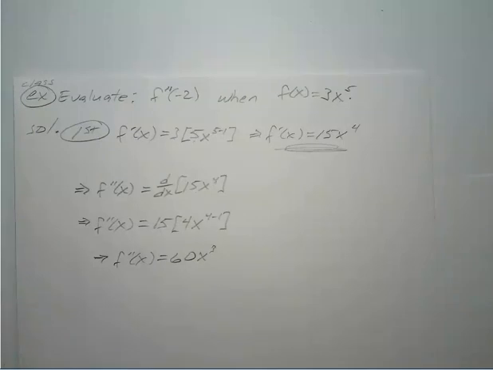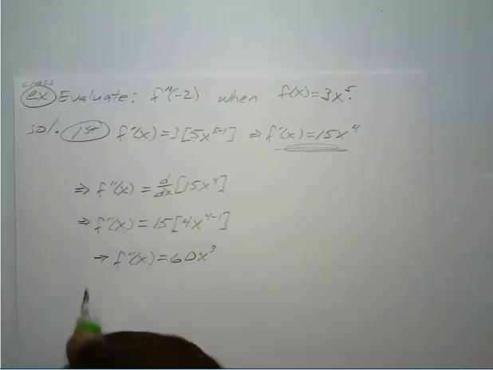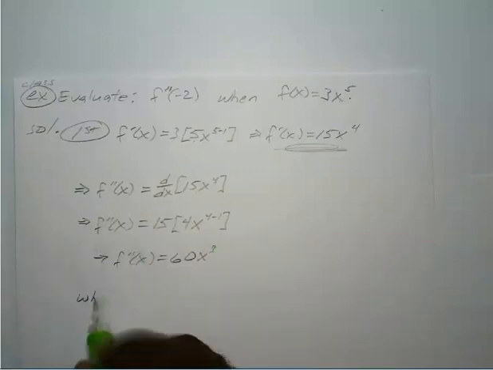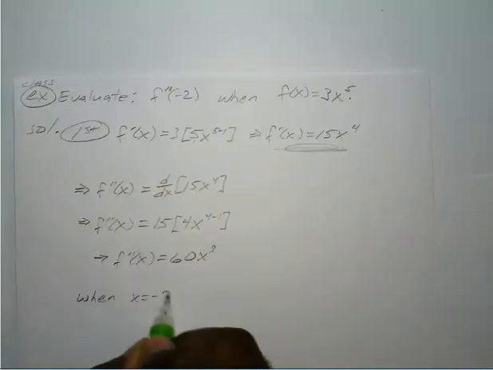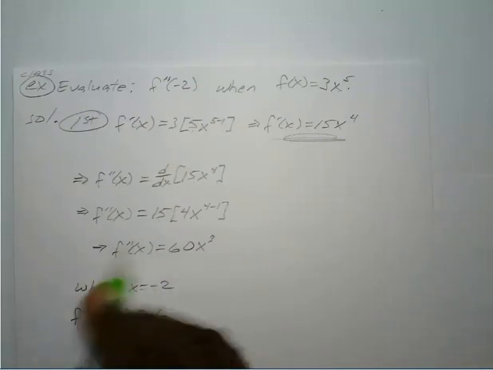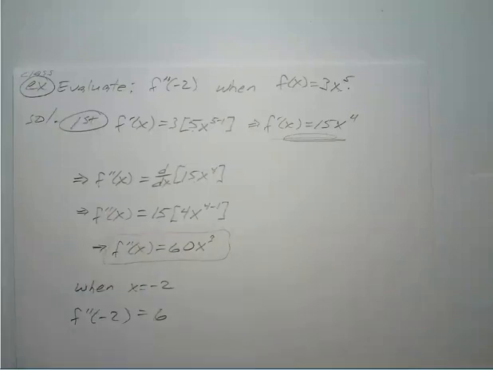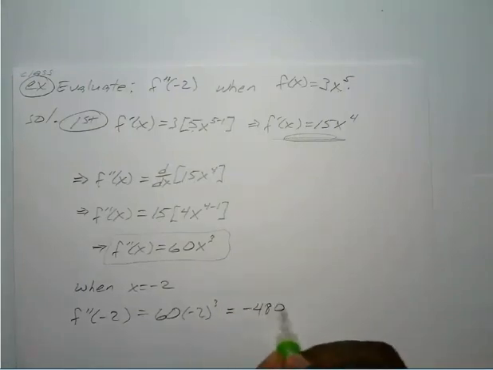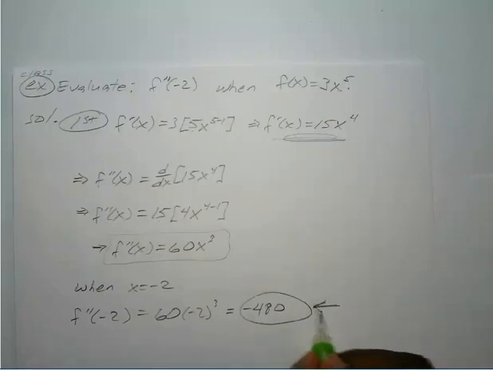So now to find it at x equals negative 2, when x equals negative 2, it's equal to, remember we're using this one, so I'll put a little light square on it, equals 60 times negative 2 to the 3rd power, which is equal to negative 480 as your final answer.